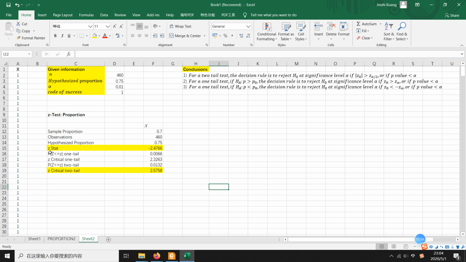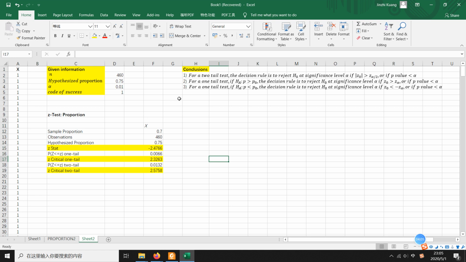In our case, the Z statistic is negative 2.4766 and the Z critical value for one-tailed test is 2.3263. And apparently, the Z statistic is smaller than the Z critical value for one-tailed test. So H0 is not rejected at 1% level of significance.